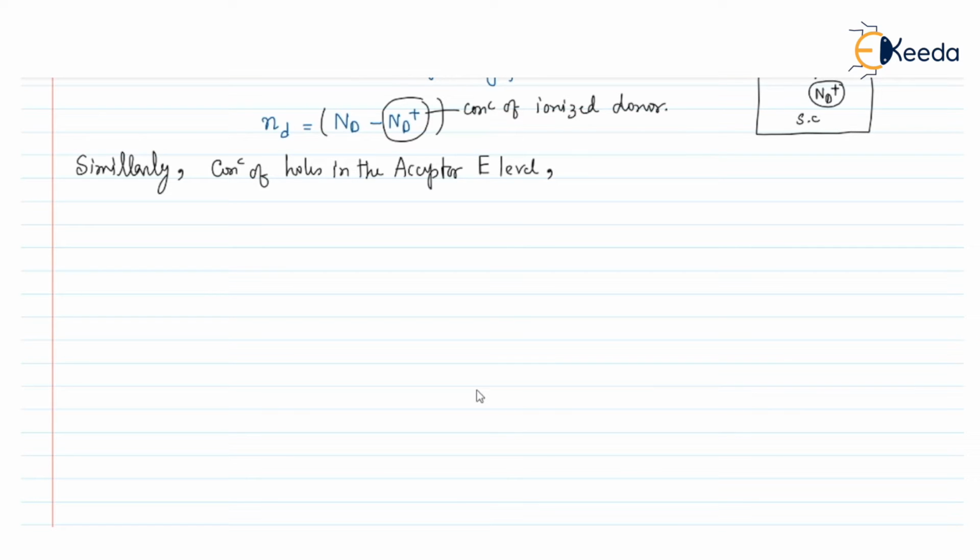It will be denoted by p suffix A, the concentration of the holes for the acceptor energy level.